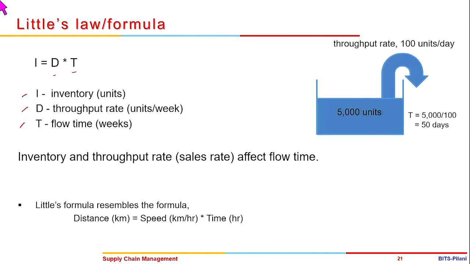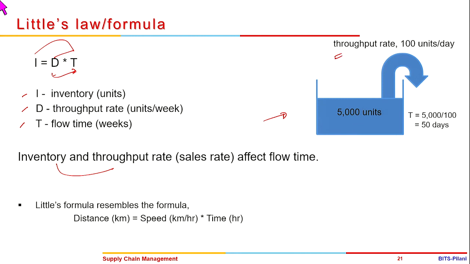This particular formula establishes a relationship between inventory and throughput rate so as to affect the flow time. Let us look at this example. Through this example, it will become quite clear. We have got a water tank or a warehouse which has got an inventory of 5,000 units, and we are withdrawing or making sales of 100 units per day.